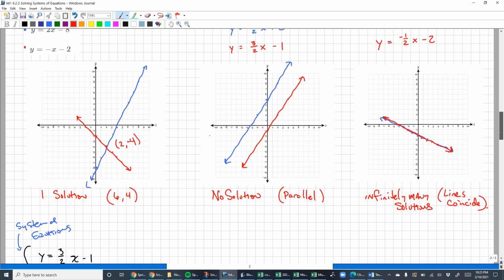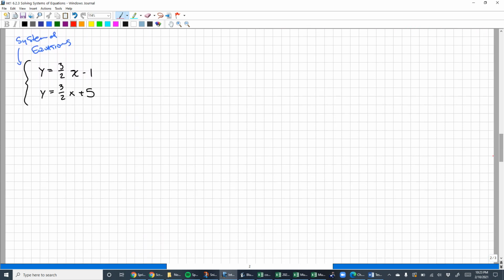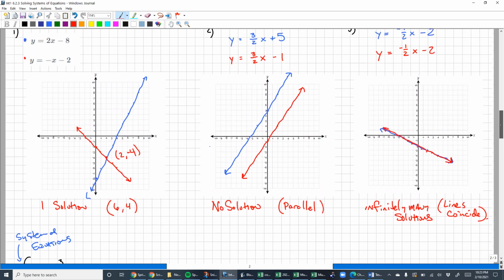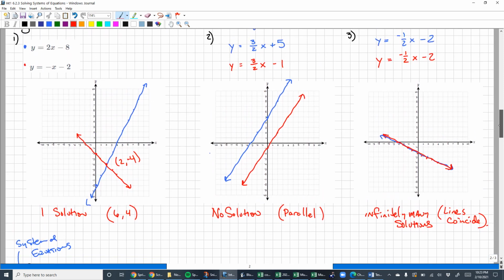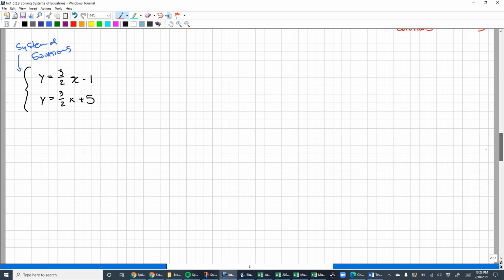All right, let's take a look at a problem right here and solve this system of equations. That was, oh yeah, the exact same one that we had right there. We solved it by graphing. Let's go ahead and solve it by substitution. I'm going to take this right here that is 3/2x minus 1, and plug it in for the other one.